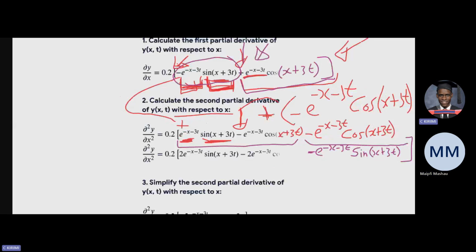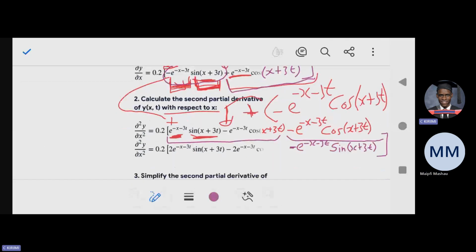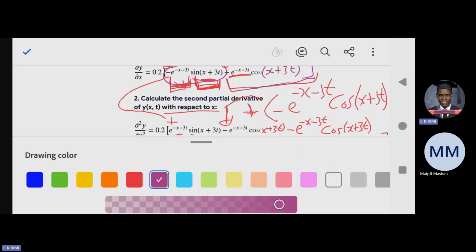We group like terms together, the ones that we can deal with and the ones that we can cancel out. Check sine 3t. Which ones are canceling out from those four terms inside the square bracket? I'll put them in a different color so that they are easy to identify.